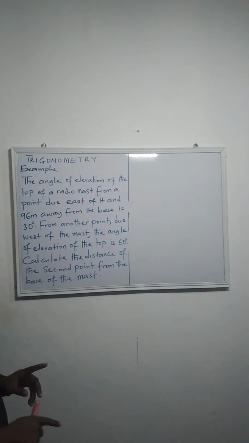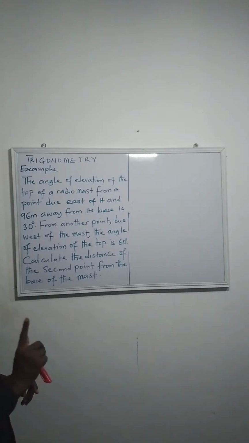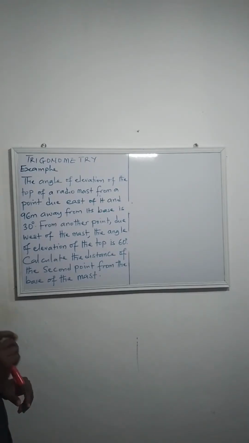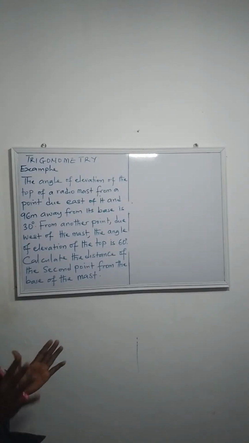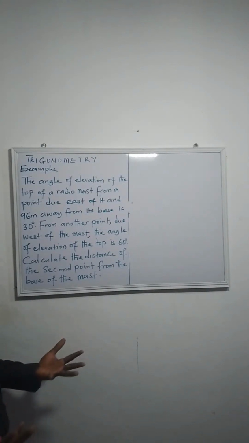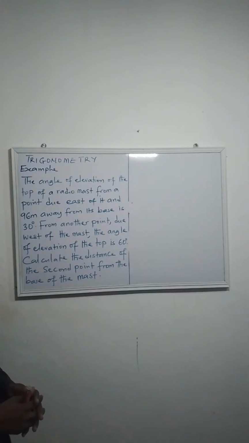From another point due west of the mast, the angle of elevation of the top is 60 degrees. Now the question is this: calculate the distance of the second point from the base of the mast. I want to believe you all get the question, because the first thing is to understand the concept of the question before we begin solving.